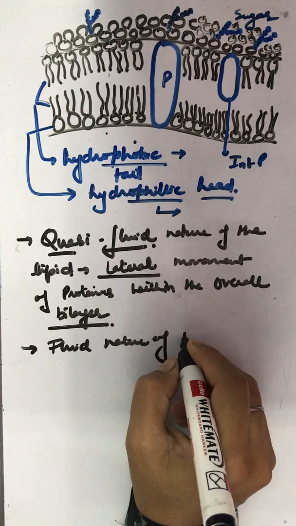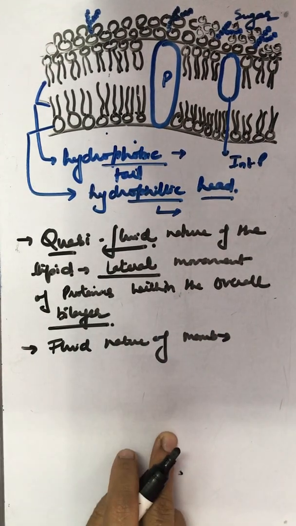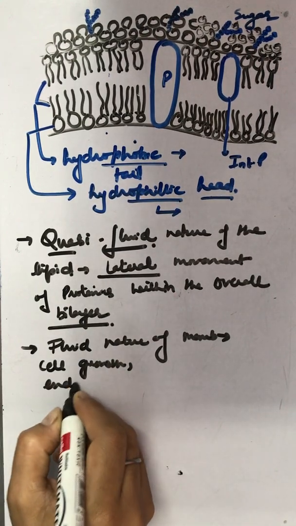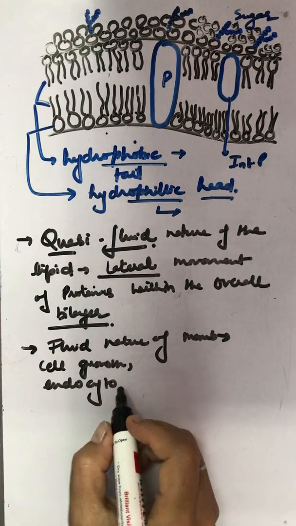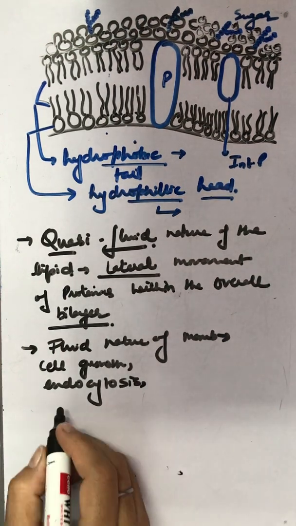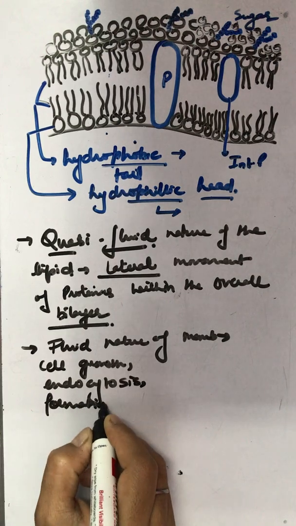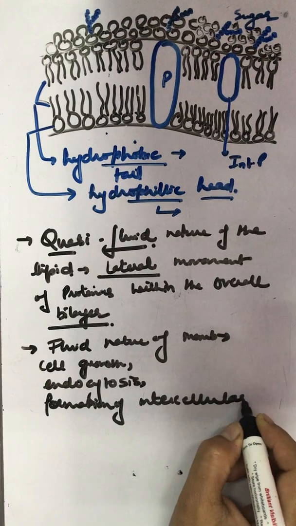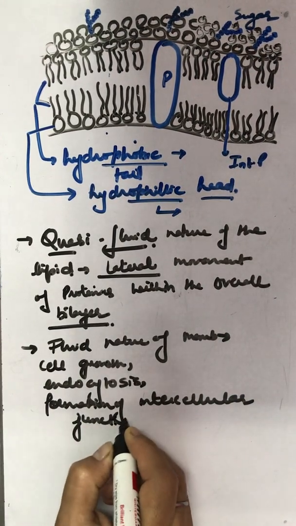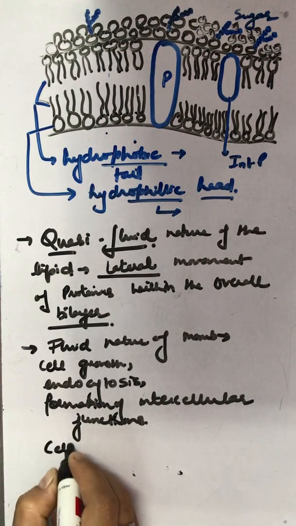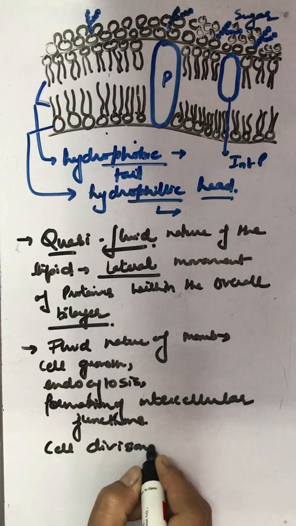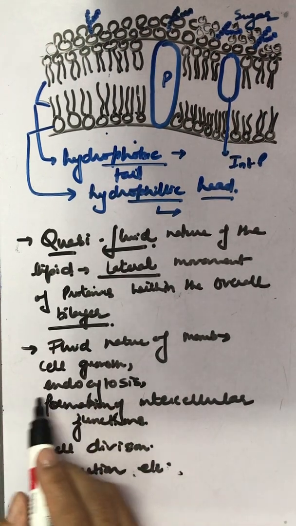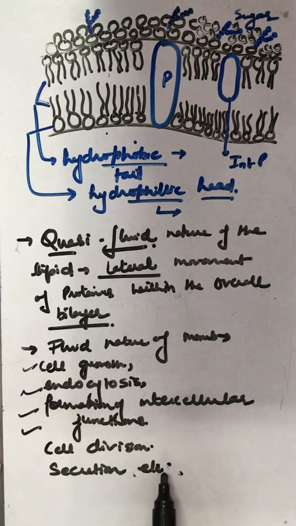Fluid nature of membrane is important for certain functions. Functions like cell growth, endocytosis, to gulp in something, then formation of intercellular junctions, then cell division, secretion, etc. These are the functions which are performed by the fluid nature of the membrane.